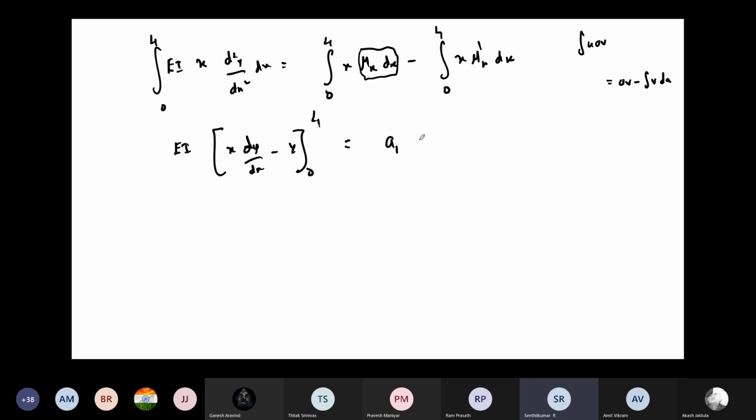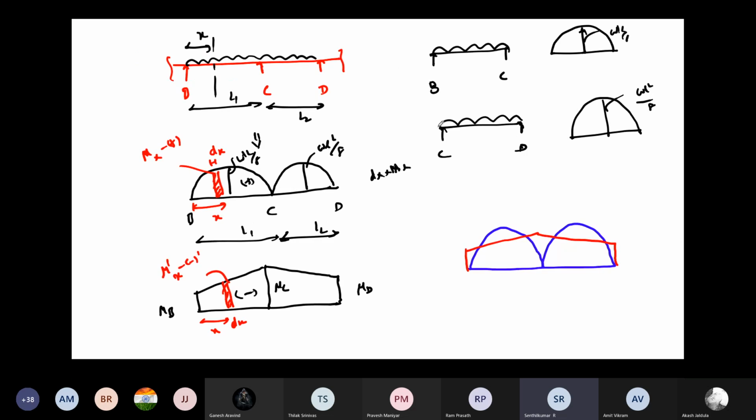Then again you are multiplying by x, the distance, which is nothing but what you have done in the moment area method: the moment of area of the bending moment diagram of length dx about B. So the x is from B to here, that is your CG. That is your x now. Like that, same thing. My x will be this x bar, and I can take this one as x bar dash.